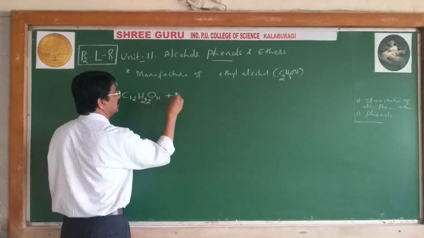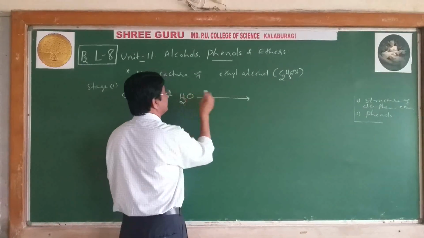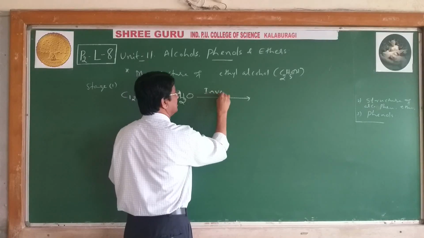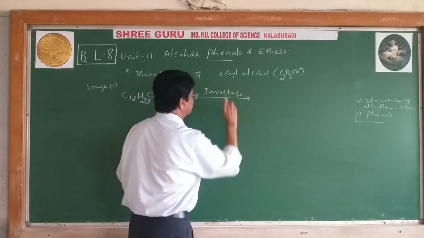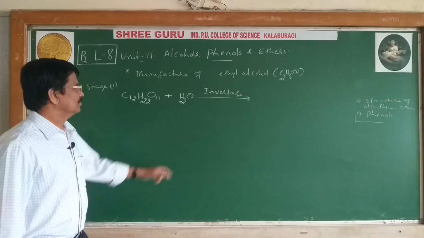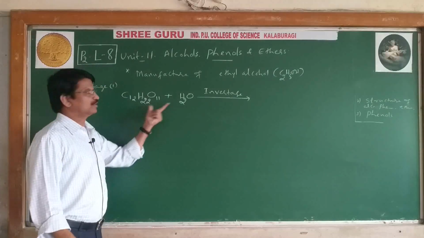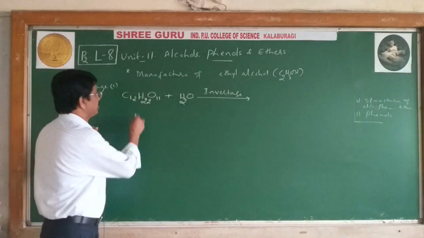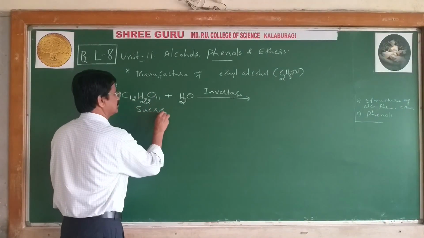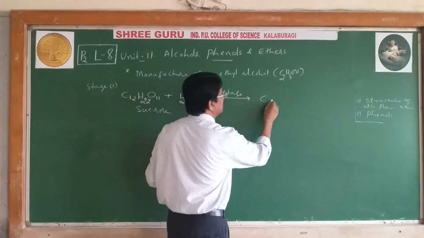C12H22O11 plus H2O in the presence of the enzyme invertase. Invertase is the enzyme present in yeast which can catalyze hydrolysis of sucrose present in molasses, and it is converted into what?